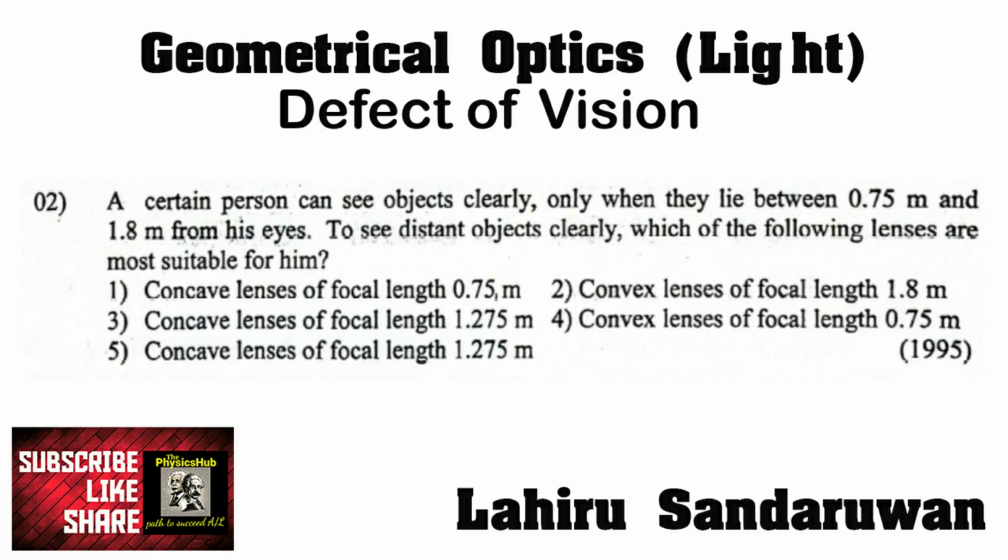A certain person can see objects clearly only when they lie between 0.75 meters and 1.8 meters from his eyes. To see distant objects clearly, which of the following lenses are most suitable for him?